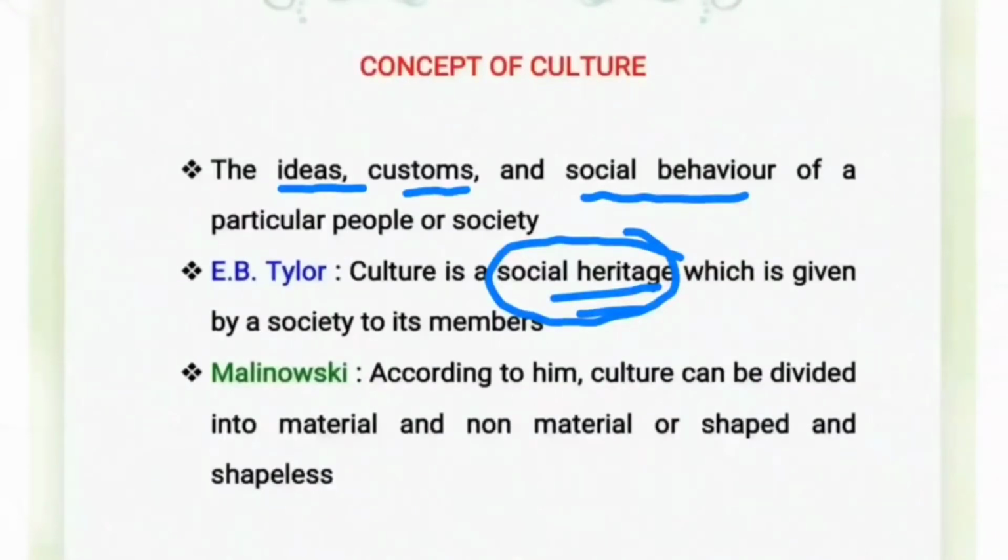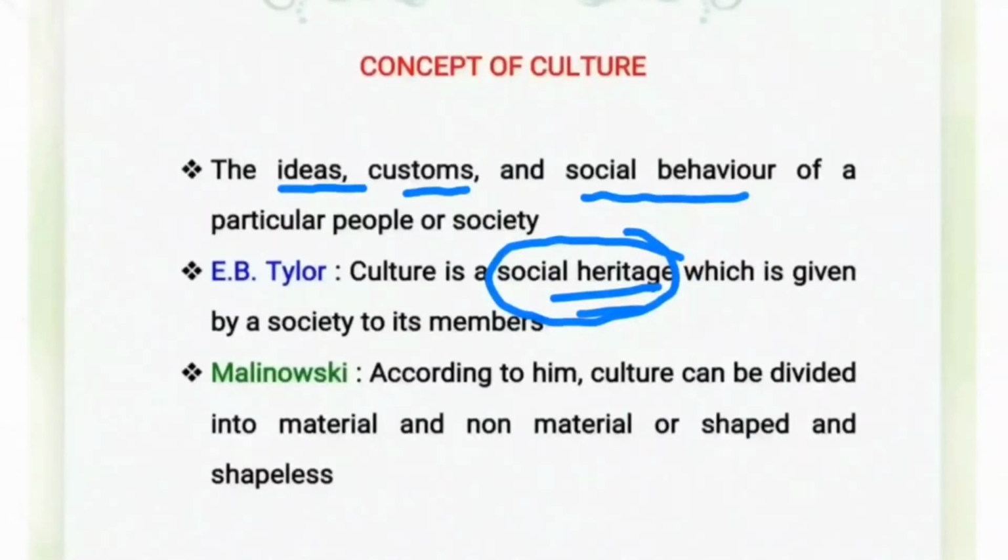This social heritage is actually a complex full of knowledge, belief, art, morals, laws, customs and every habit that has been acquired by man as a member of that society.